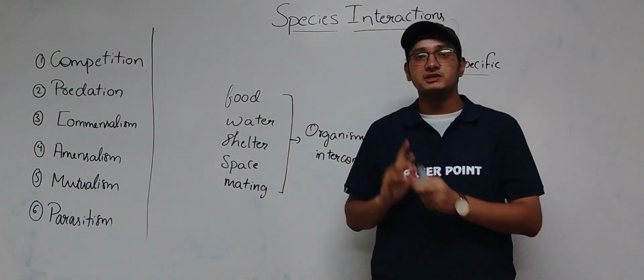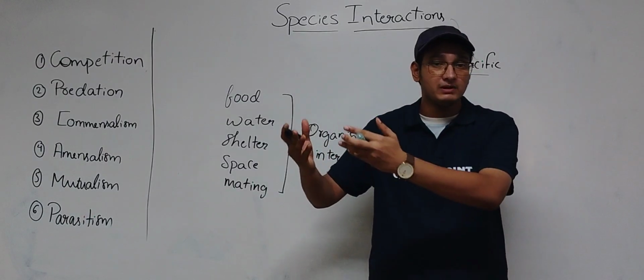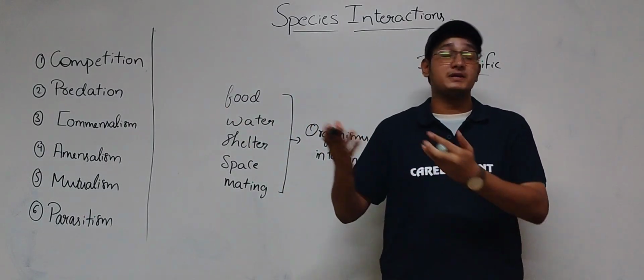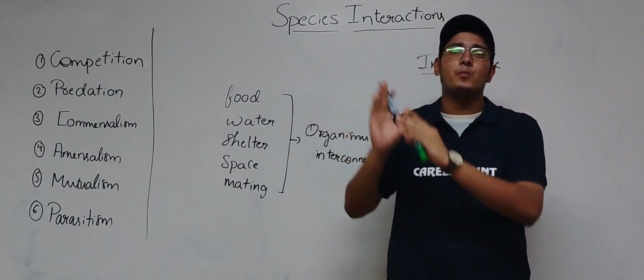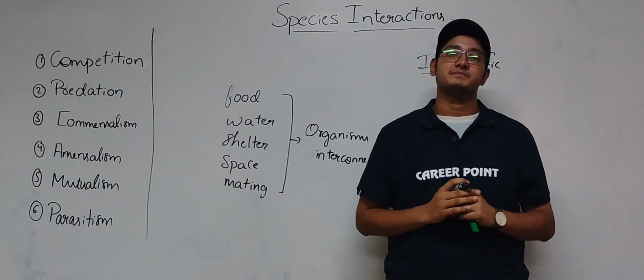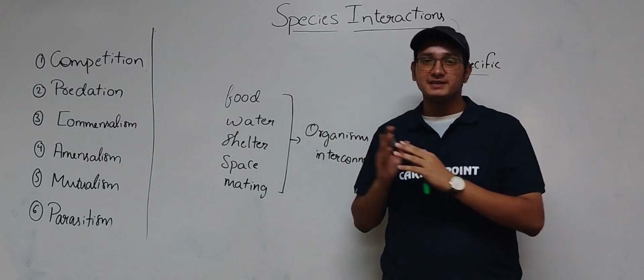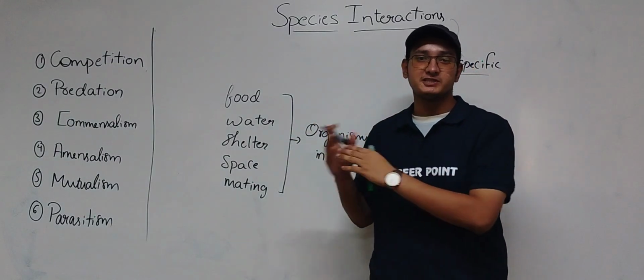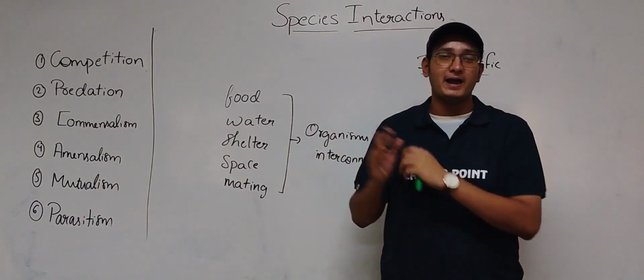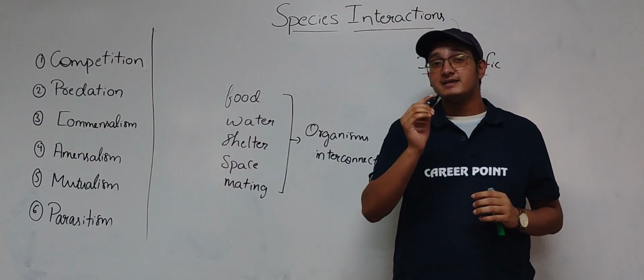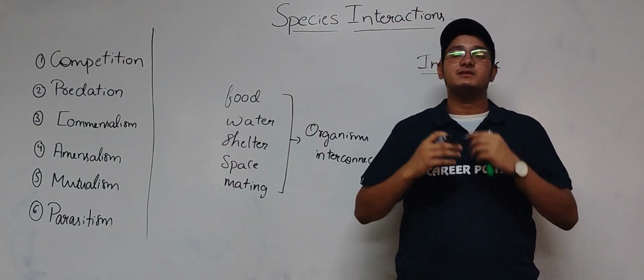Take pollination: they depend on animals, birds or insects. Suppose there is no pollination at all. What will happen? No fertilization, no formation of seed, and then no formation of a new plant. So plants are also interconnected with other species.